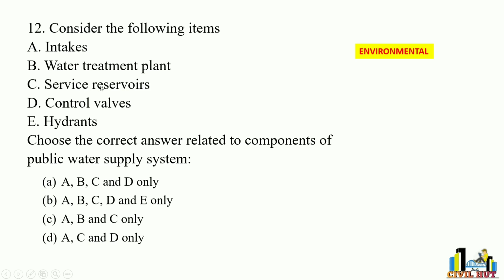Service reservoirs: the treated water is stored in service reservoirs, nothing but overhead tanks. Control valves: the valves used for the distribution system. Hydrants: these are the fire hydrants. So A, B, C, D, E are all correct for a public water supply system. Our option is B.